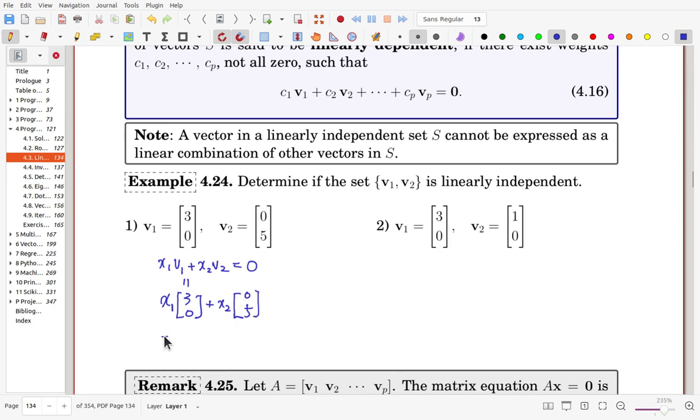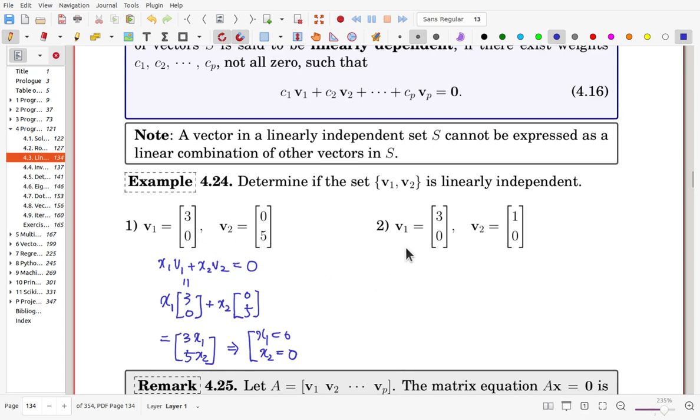So it is the same as 3x1 in the first entry, and the second entry is 0 plus 5x2. So this and that must be 0. From here, x1 equals 0, x2 equals 0. So we have only the trivial solution.